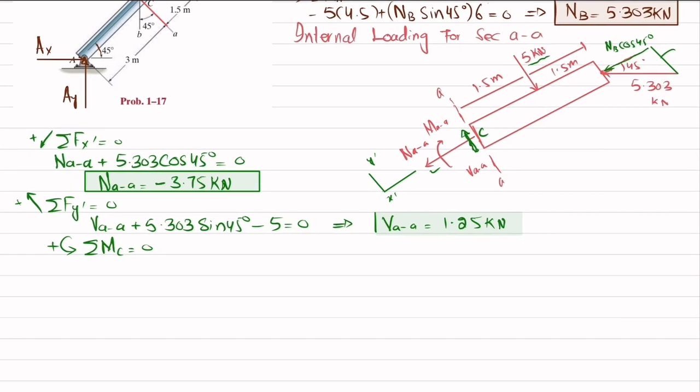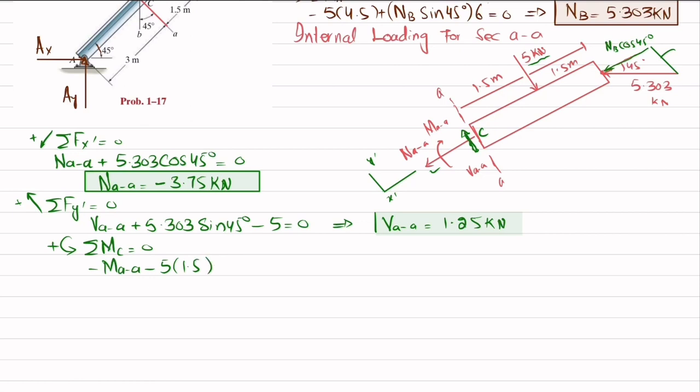These forces are not producing any moment because they pass through C. So we have the reaction moment MAA, which is negative because it is clockwise, so I will write minus MAA. The second moment is produced due to this load, 5 into the perpendicular distance 1.5. This is also clockwise, so it will be negative: minus 5 into 1.5.